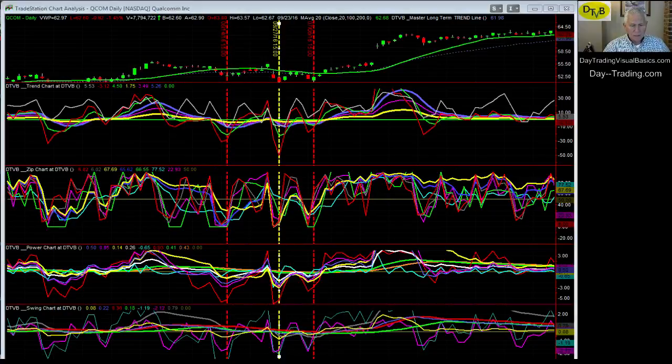And if you'll notice also, we are dealing with a red peak. And I want to point this out because sometimes people misunderstand patterns.